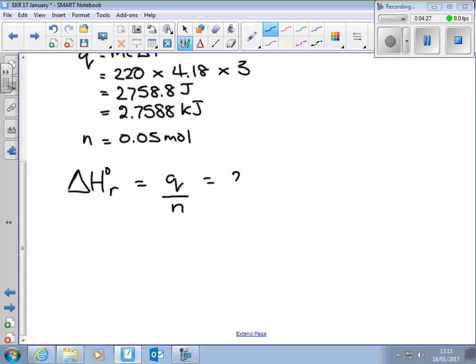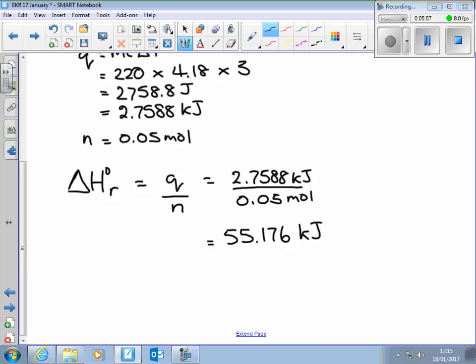So we have 2.7588 kilojoules divided by 0.05 moles. So presumably that's going to be quite a big number, actually. So let's divide that by 0.05. Oh, it's not as big as I thought. 55? Yeah, 55.176, units, kilojoules per mole. Okay.